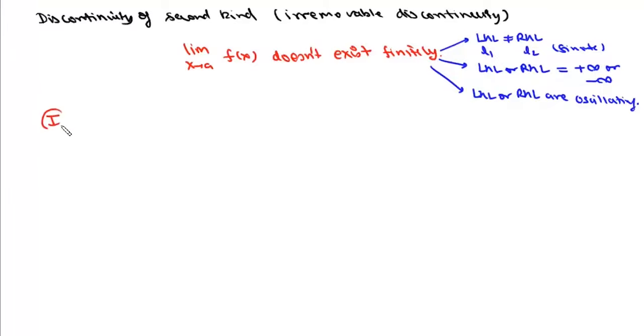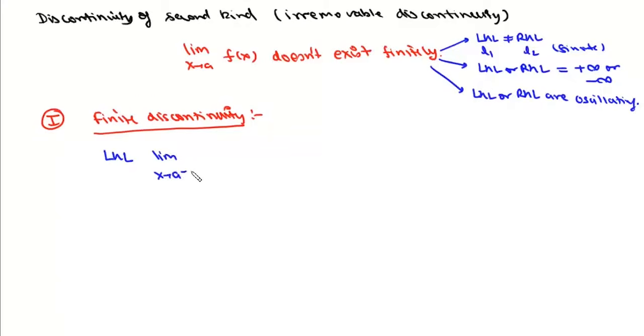This first case is called finite discontinuity. Now in this case, both left hand limit x tends to a negative fx, and this right hand limit x tends to a positive fx, are going to exist finitely.